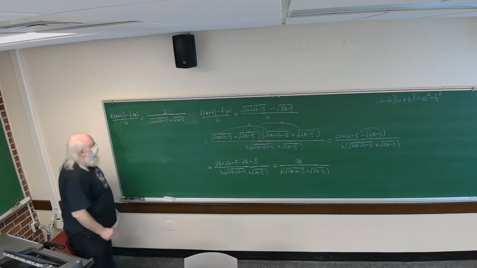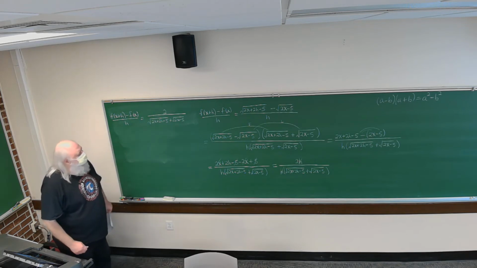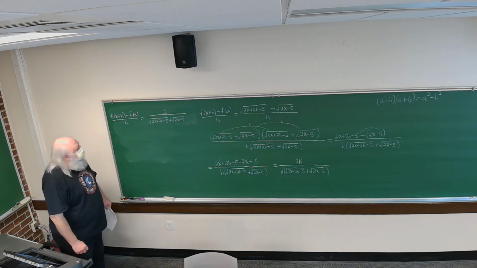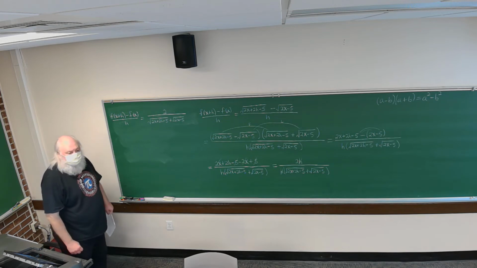So we have 2 divided by this denominator as our difference quotient after it's been rationalized.